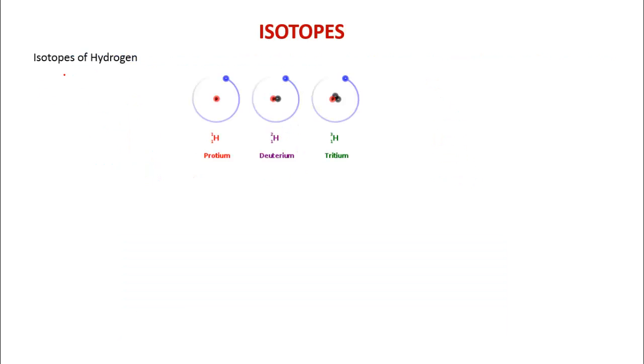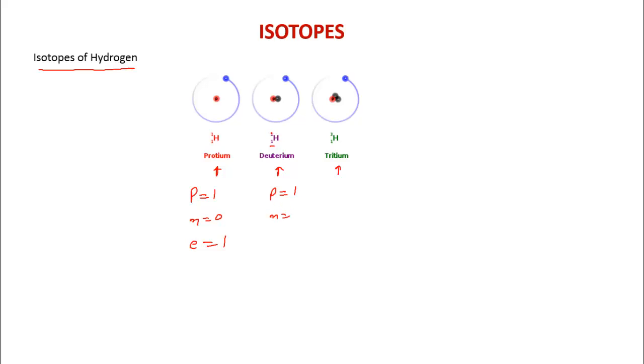The 3 isotopes of hydrogen are protium, deuterium, and tritium. Hydrogen H11, H12, and tritium H13. For hydrogen H11, proton is 1, neutron 1 minus 1 is 0, electron is 1. Deuterium: protons 1 because atomic number is 1.